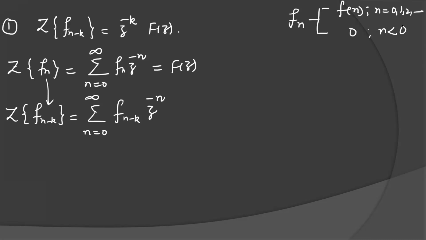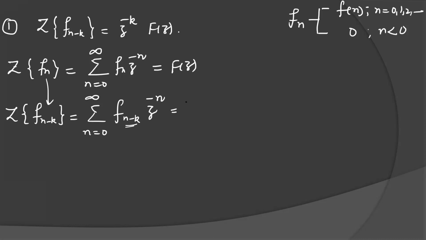So if you put the values 0 up to k minus 1, you will get all the values 0.